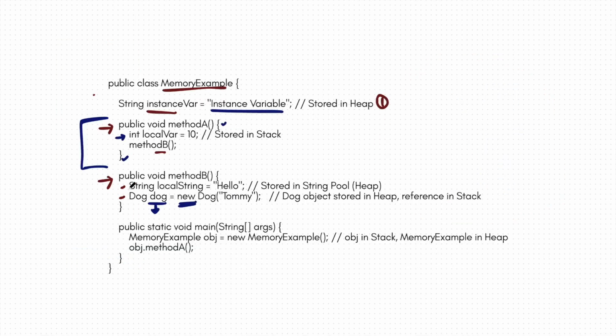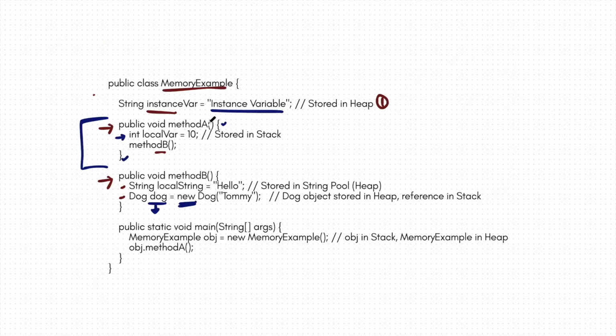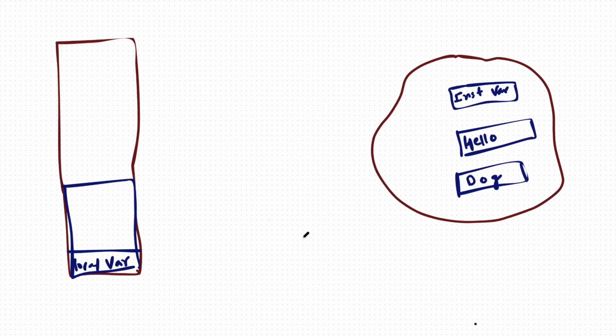Before that, I was also talking about frames. Let's say this is the frame of my method A. Every method has one frame. So this was my frame of method A. Now we are inside method B, so for method B a new frame will be created over here. Now this is my method B frame, right?